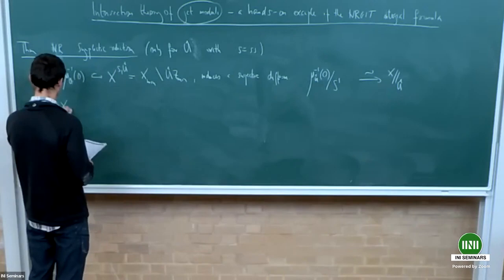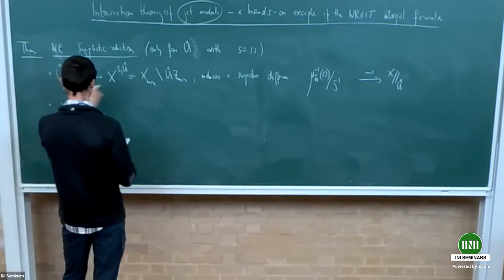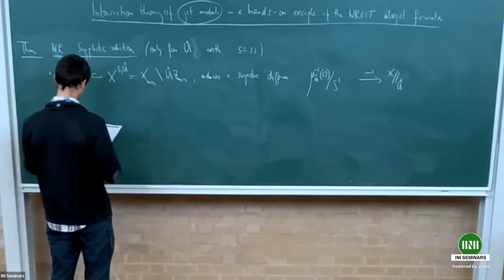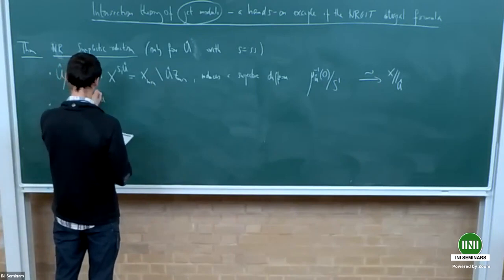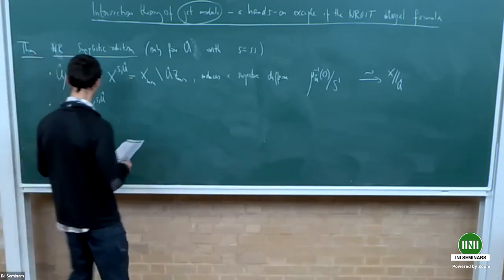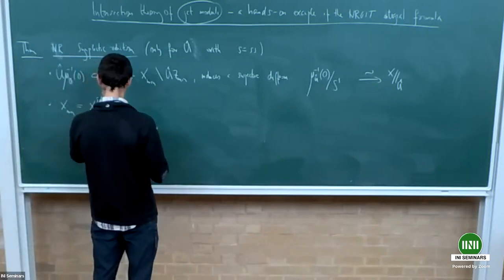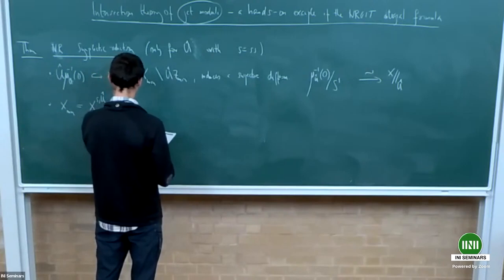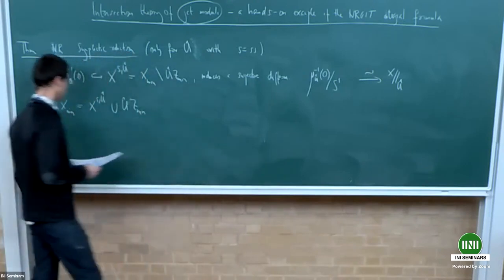So, and this is actually what I already put here. We have the stable locus and the U sweep, or U hat sweep, of Z min.